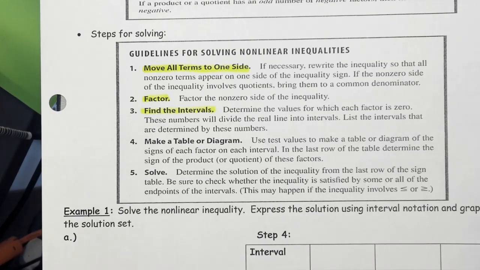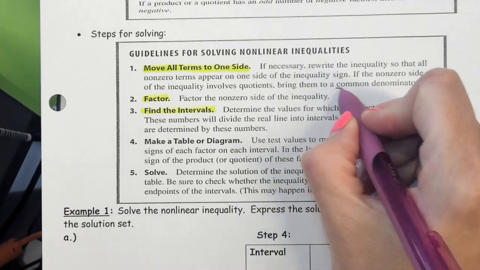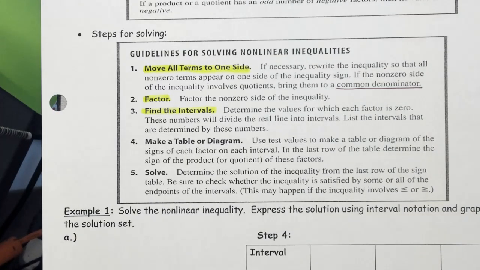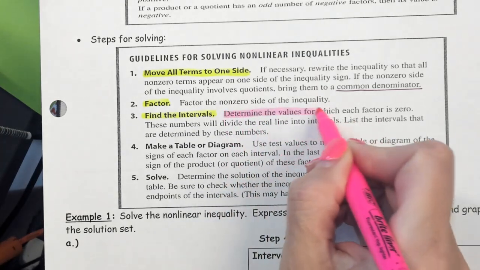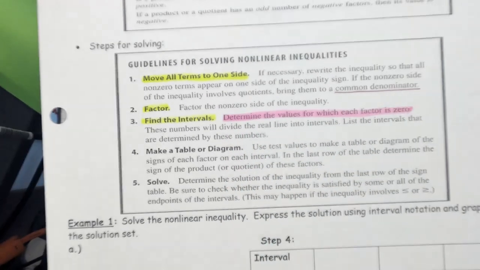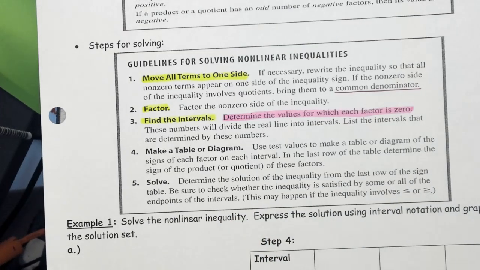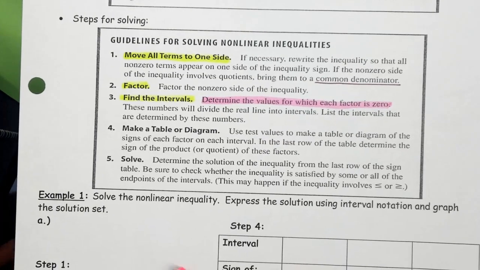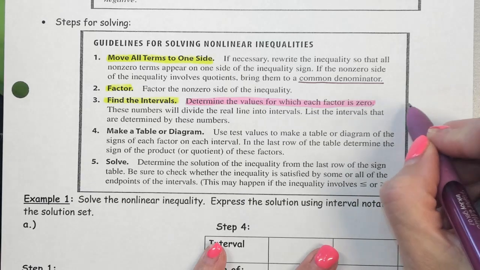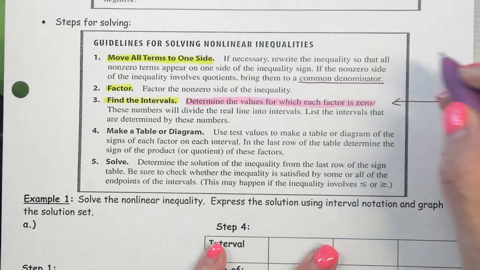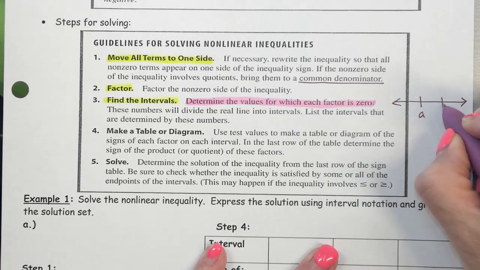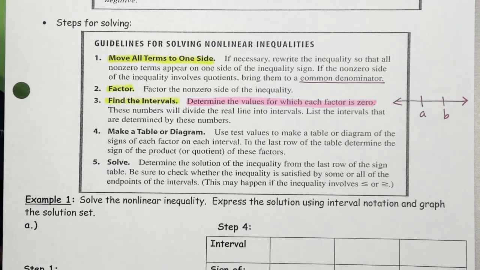If we need to get a common denominator, we will, if there's a quotient. And then we have to determine the values for which each factor is 0. Those are often referred to as key values. A lot of times there will be 2 of them if it's a quadratic. So it's similar to what we were doing with the domain. Remember, we'd have 2 values. For this, we'll call them A and B.